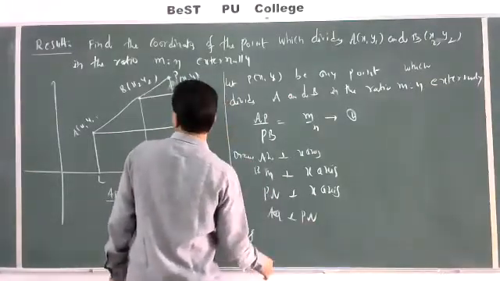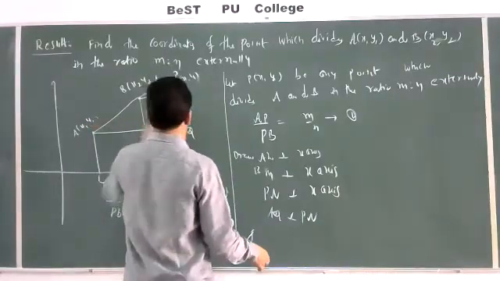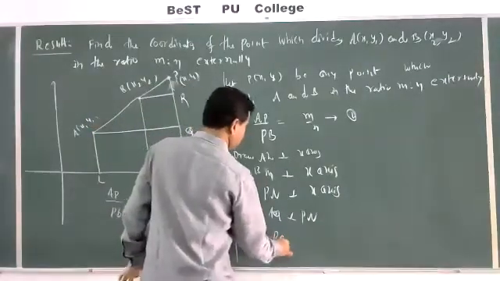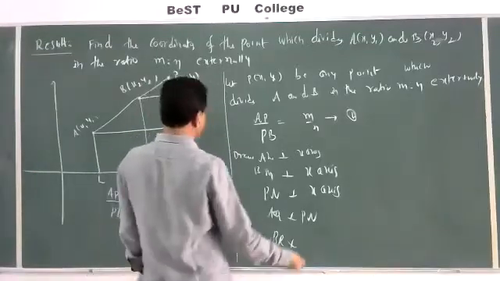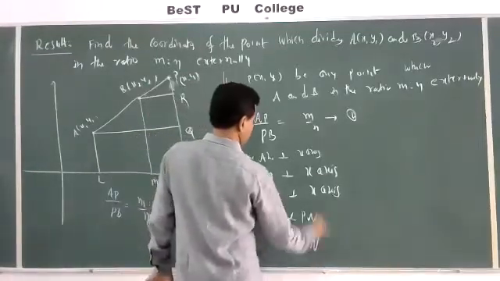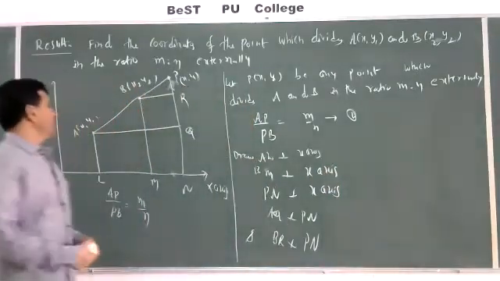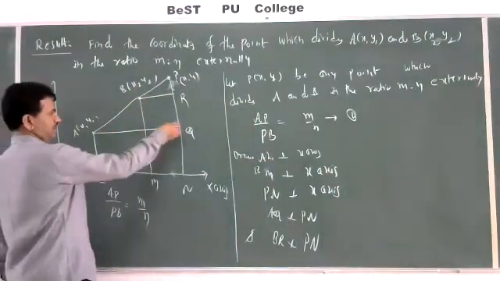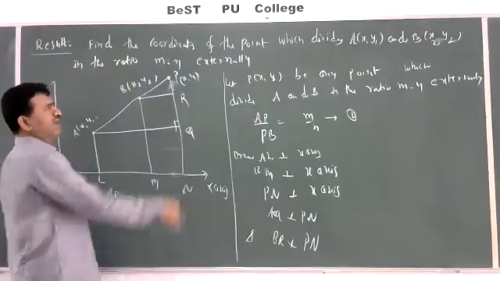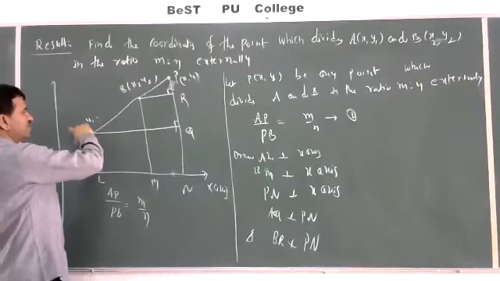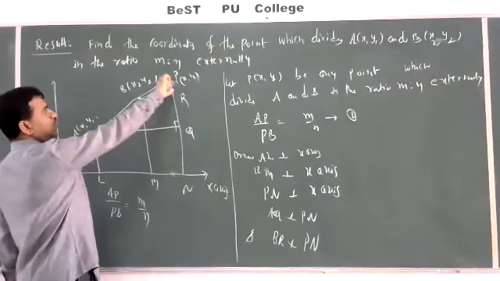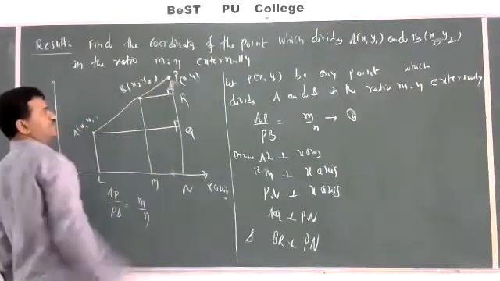Finally, BR is perpendicular to PN. So from the diagram, see this. Here angle Q is 90, angle R is 90. I am comparing these two triangles, AQP and BRP.